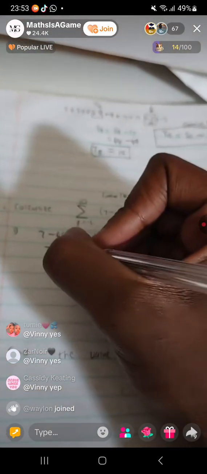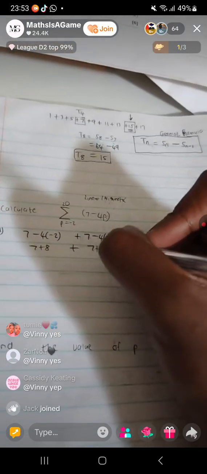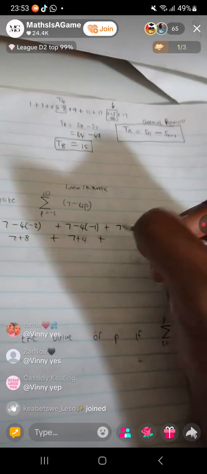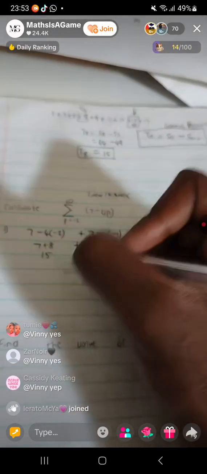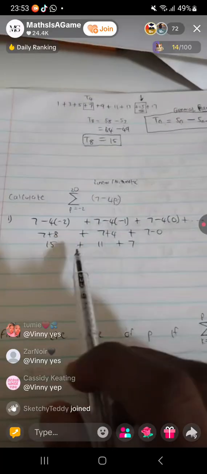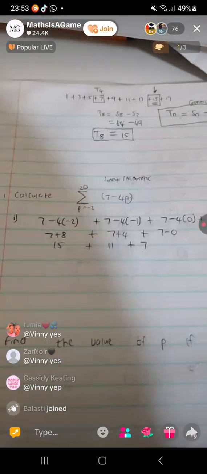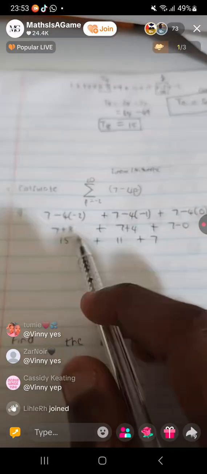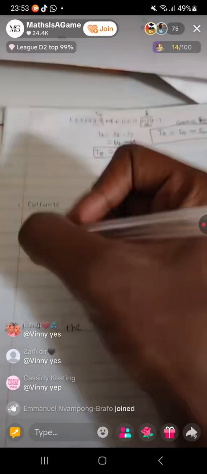So we have 7 plus 8, plus 7 plus 4, plus 7 minus 0. We have 15 plus 11 plus 7. These, guys, are what we call our first 3 terms in the series. We need those first.